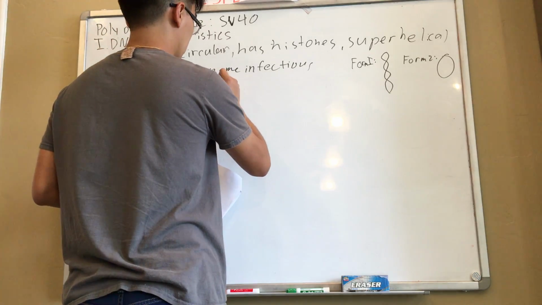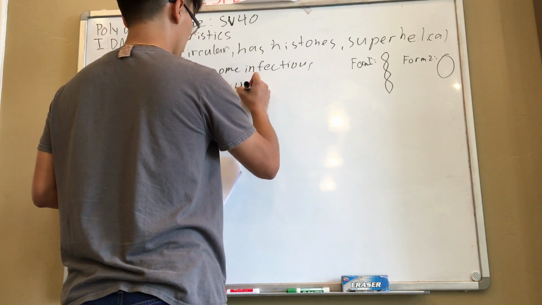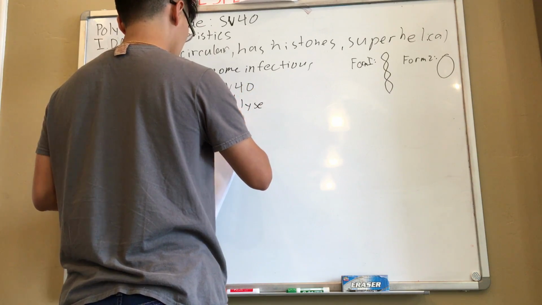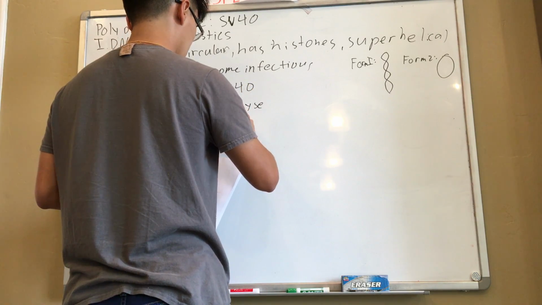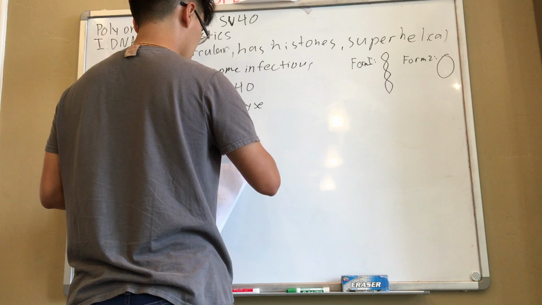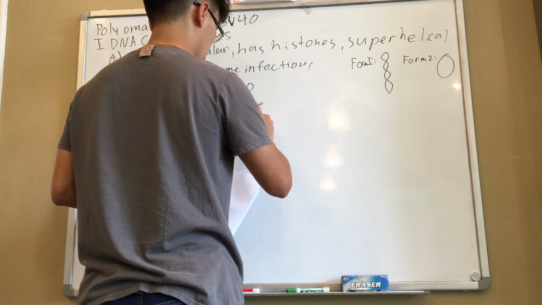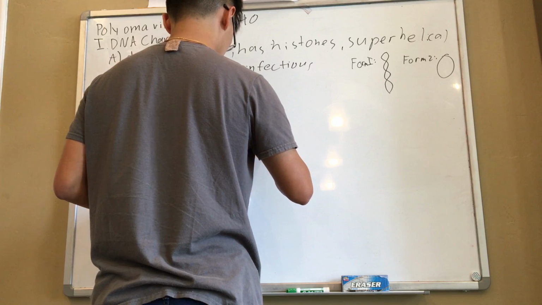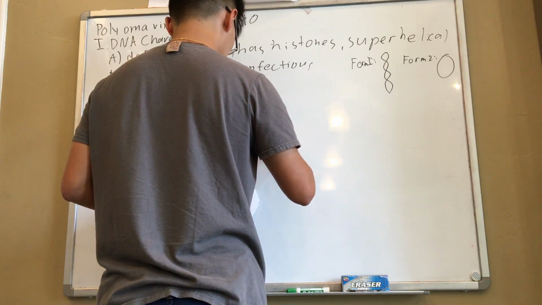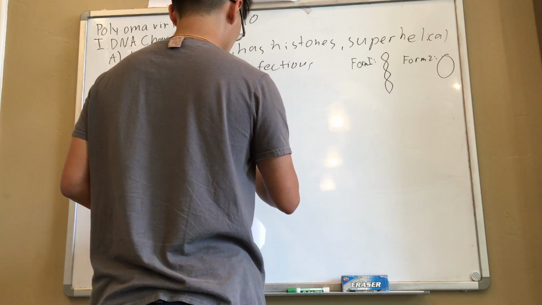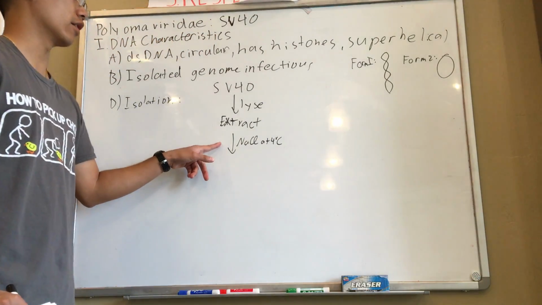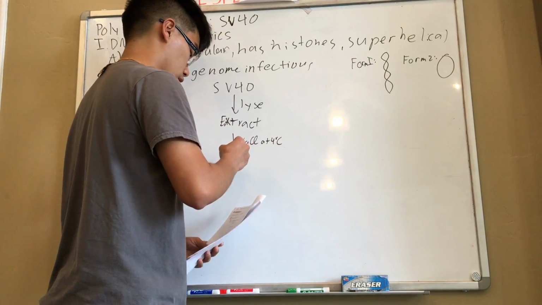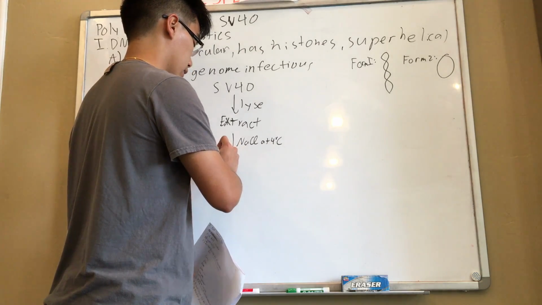So in order to extract out this virus, first you have your SV40 in your cells. Then you lyse the infected cells. Extract out the virus. And then you add in salt, basically salt water, 1 molar concentration of salt water, 4 degrees Celsius.